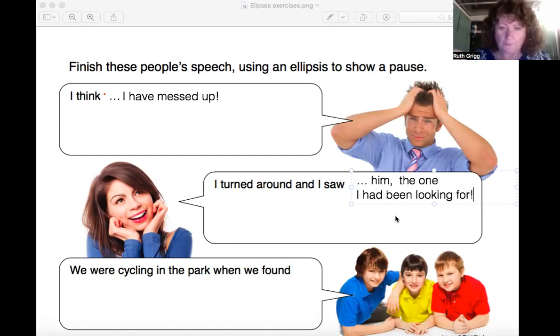Whoa. I'm going to try and move this over. Oh, I can't move it over. So there'd be no gap there again. "I turned around and saw... him." You hear the pause. "Him. The one I had been looking for."